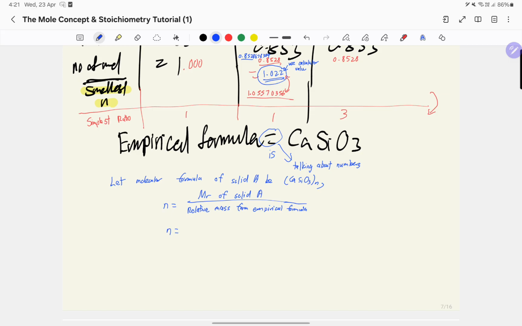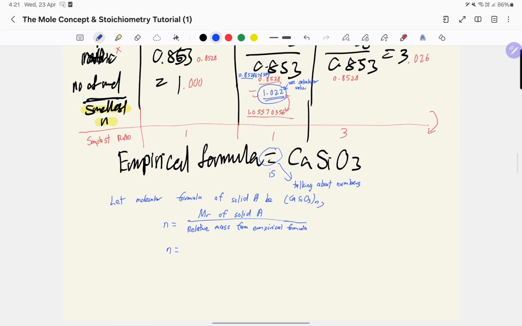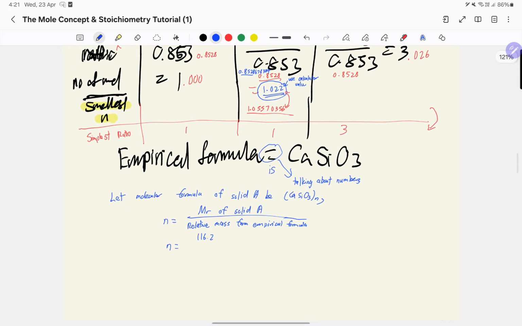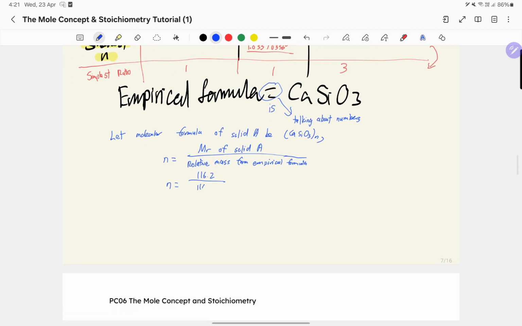So the relative molecular mass is 116.2, divided by the relative mass of the empirical formula, which is 40.1 plus 28.1 plus 3 times 16. That will have given me 116.2 also, so N will have been 1.